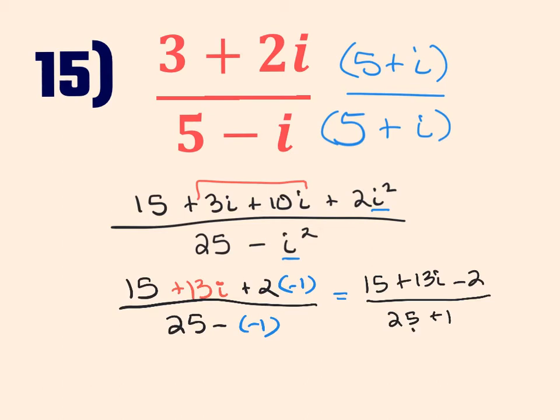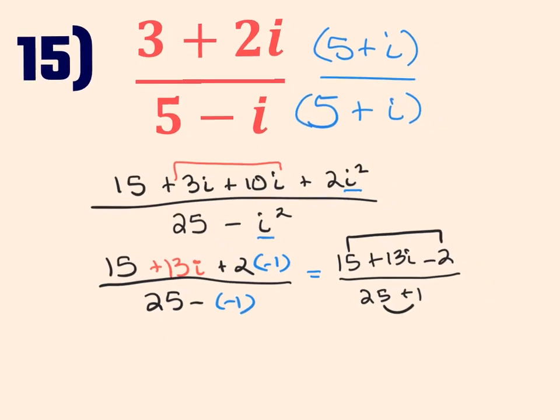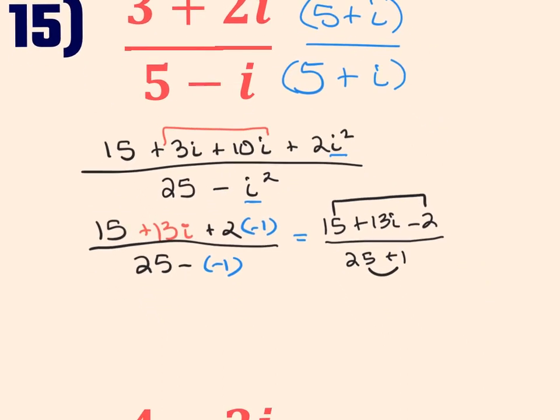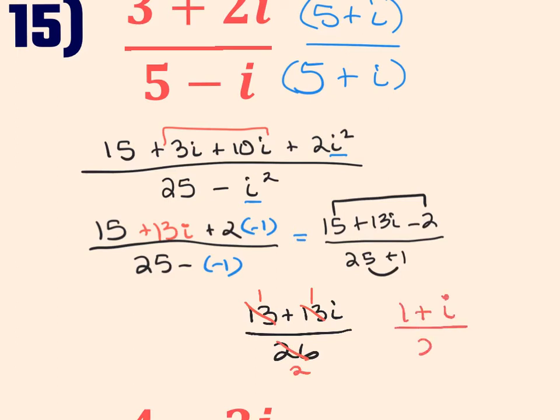I can add the denominator and then combine the like terms in the top by subtracting. So now I have 13 plus 13i over 26. I can simplify, divide them all by 13, and now I'm left with 1 plus i over 2.